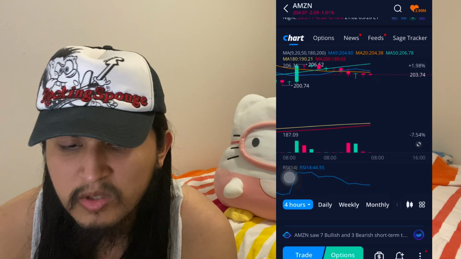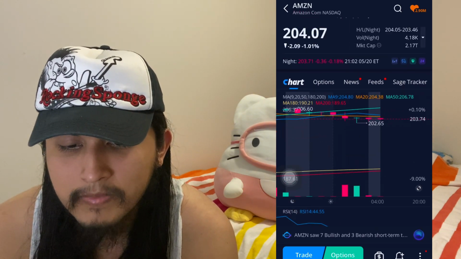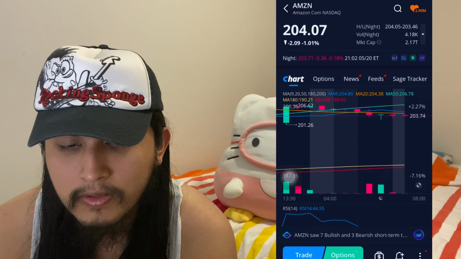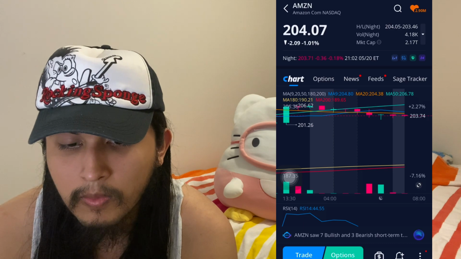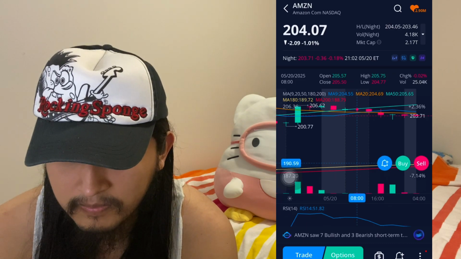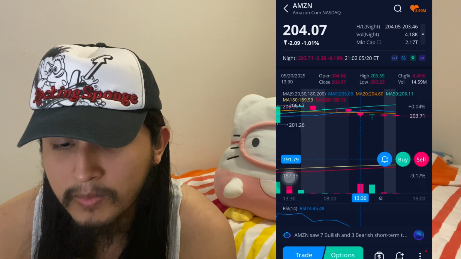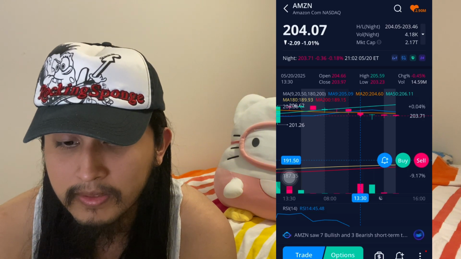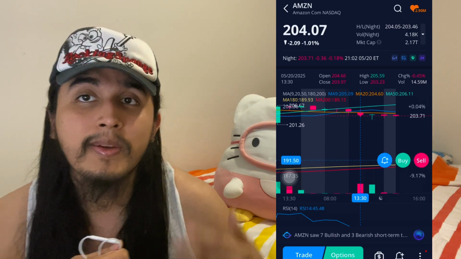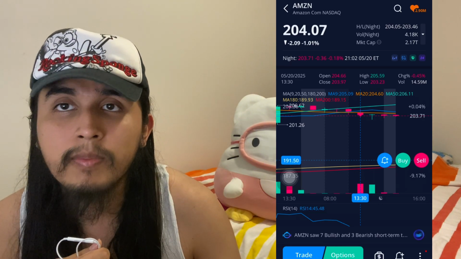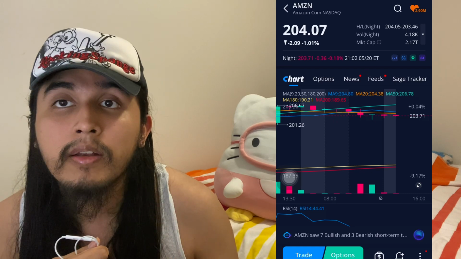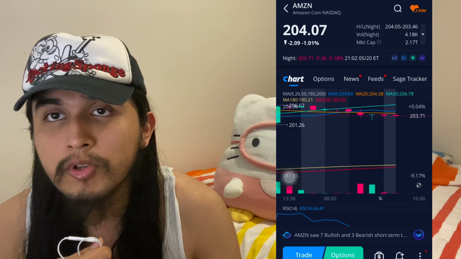I would switch to the 4-hour chart and see what the moving averages are. Right now the 9 and 20-day moving averages are below the 50-day moving average. Typically, when that pattern shows up, that indicates the stock will enter into a bearish trend.